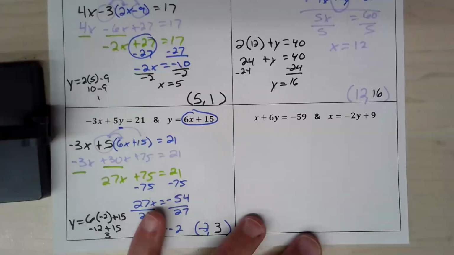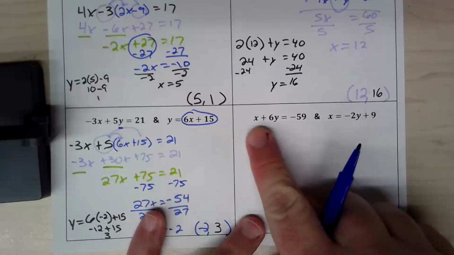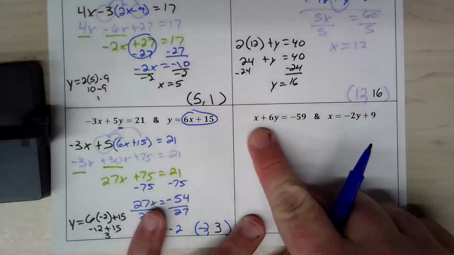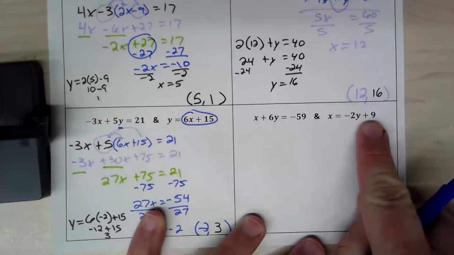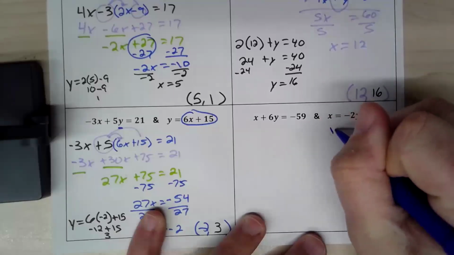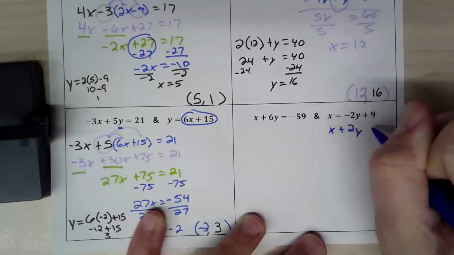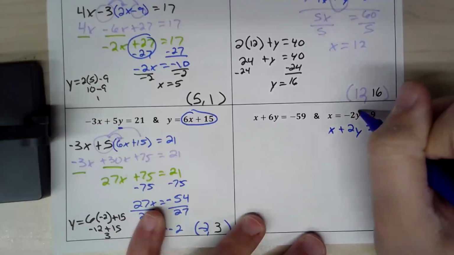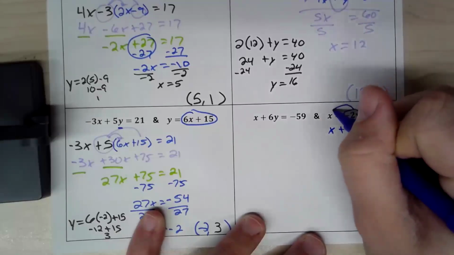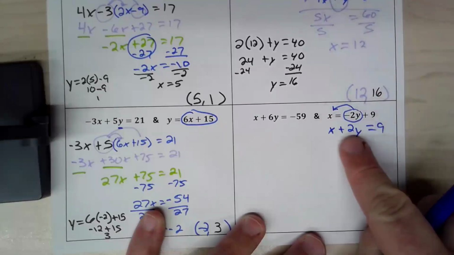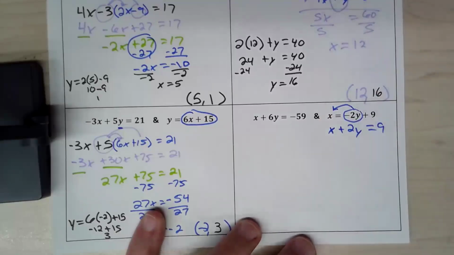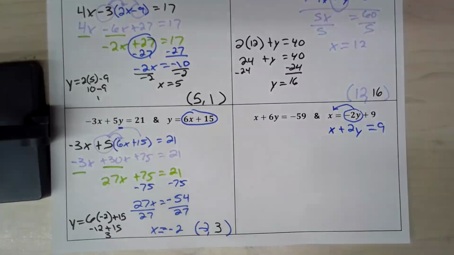But down here, remember, they gotta look the same. If this is x plus 6y equals negative 59, I gotta move this y over. So this is really x plus 2y equals 9, right? Because I had to move my y to the opposite side. If I move to the opposite, it becomes the opposite. So now I got to figure out what do I want to eliminate.